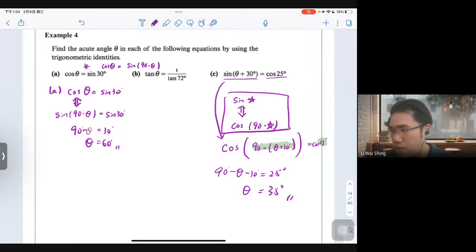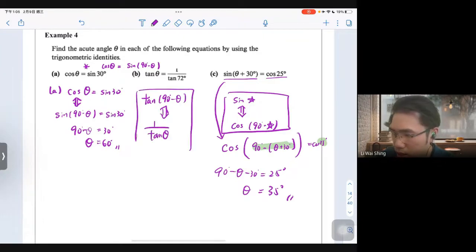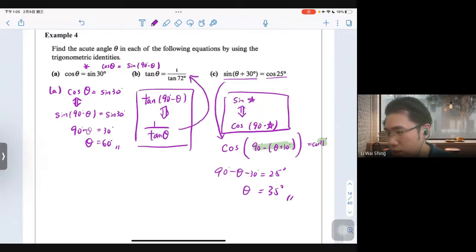Okay, and then the last one, the middle one, tangent 90 degree minus theta is equal to 1 over tangent theta. Okay? So this time, we can write the right-hand side here.